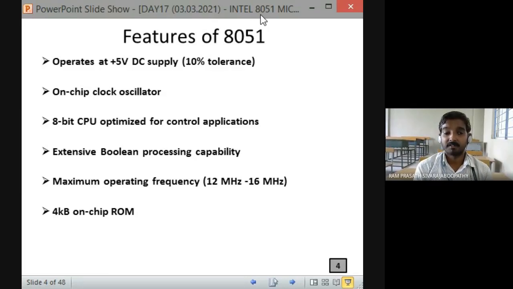We use it in the lab, right, the trainer kit. Yes, ROM memory. Why ROM? Because it is non-volatile. Even if you turn off the system, the code stored in the ROM remains the same till you reprogram it. So here in the Intel 8051 microcontroller, we have 4 KB of on-chip ROM memory.